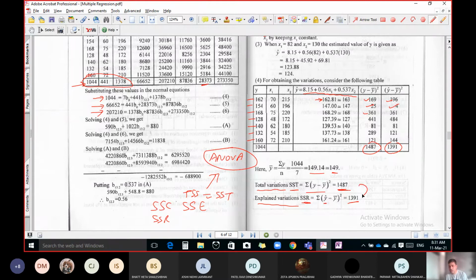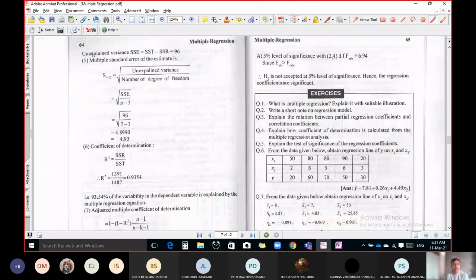And the difference of these two, you know that SST minus SSR, that is nothing but SSE. It is nothing but sum of square of error, which is here known as unexplained variation. So the difference of that is nothing but unexplained variation. So unexplained variation, SSE, is SST minus SSR.